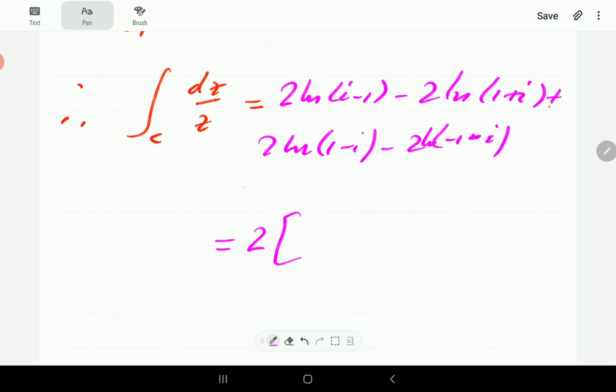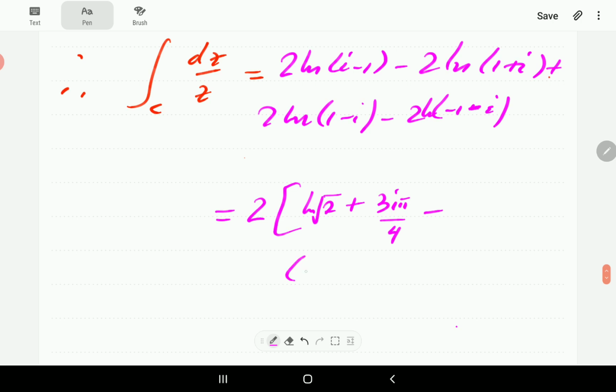So all of them are going to have magnitude root 2, so the magnitudes are going to cancel out. But maybe let me just write them out. So it's going to be ln root 2 for this one, plus i minus 1 is in the second quadrant, so there's going to be 3i pi over 4.